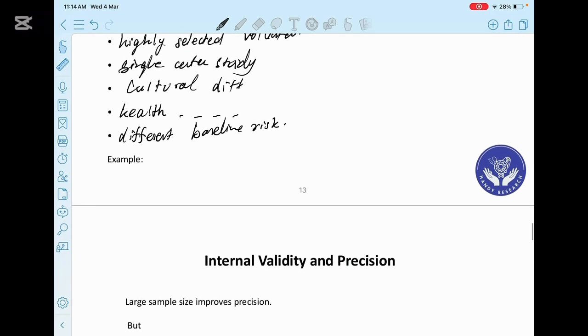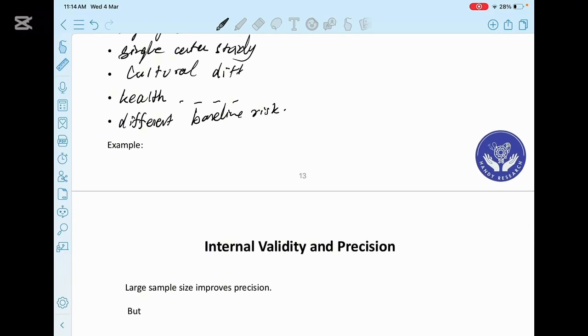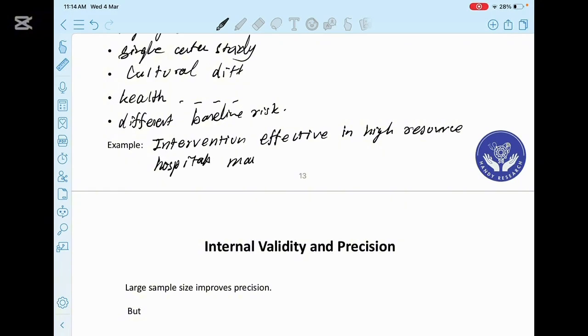So, what's the example? An intervention effective in high-resource hospitals may not work similarly in low-resource settings.